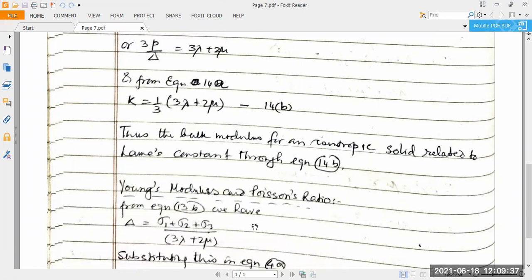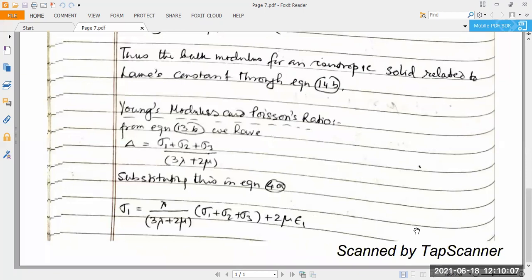Now, what are the Young's modulus and Poisson's ratio? We know from equation 13b that sigma 1 plus sigma 2 plus sigma 3 is given as (3 lambda plus 2 mu) into delta itself. So delta is equal to (sigma 1 plus sigma 2 plus sigma 3) divided by (3 lambda plus 2 mu). Now if we substitute the value of delta in equation 12a, what will happen?